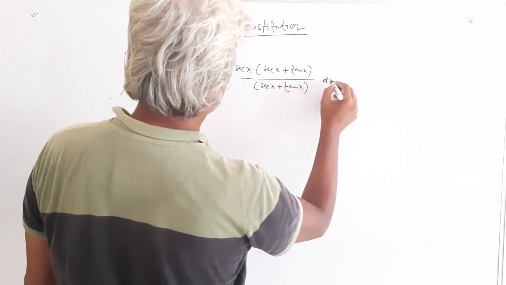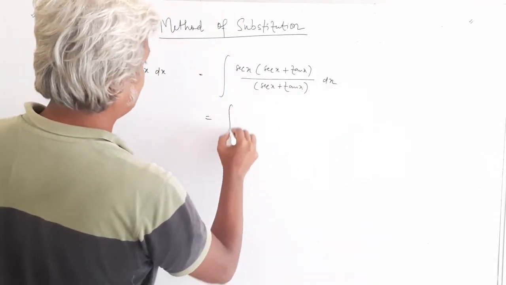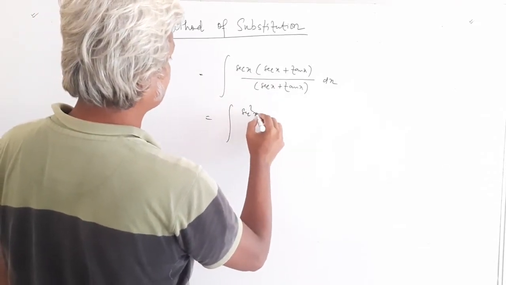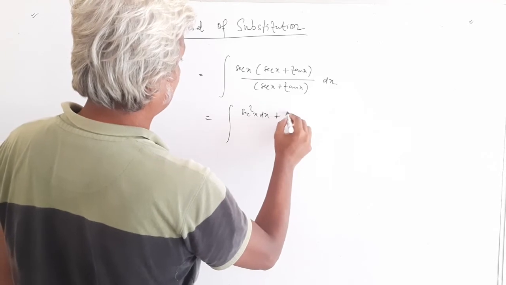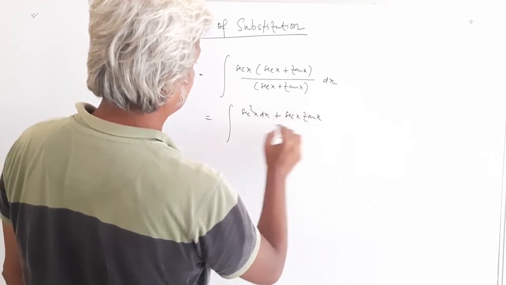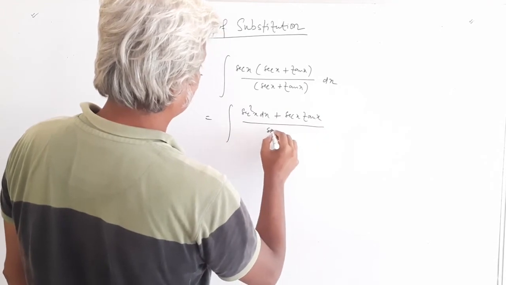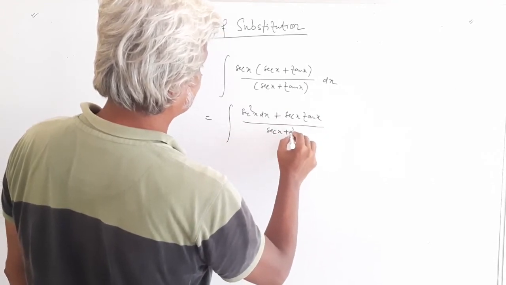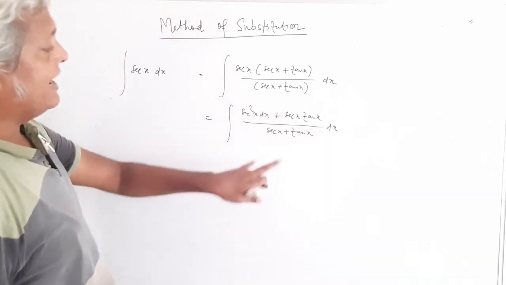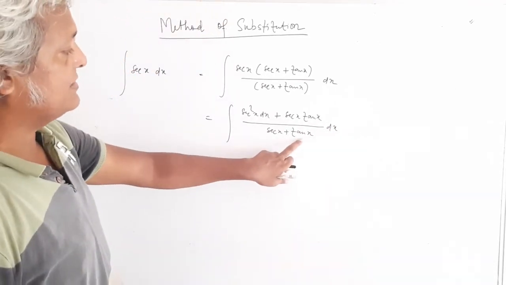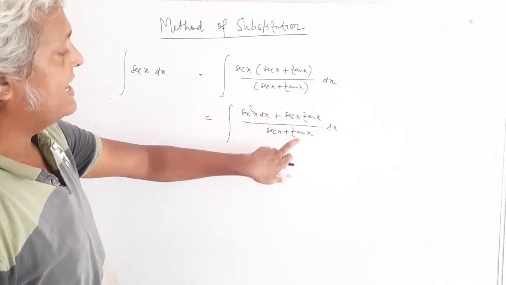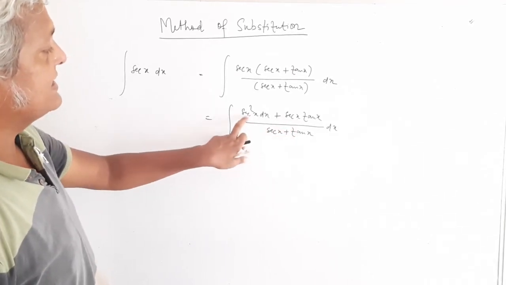Then if you expand the numerator, you get sec square x dx plus sec x tan x upon sec x plus tan x dx. Now if you pay attention to sec x plus tan x, differentiation of sec x is sec x tan x, and differentiation of tan x is sec square x.